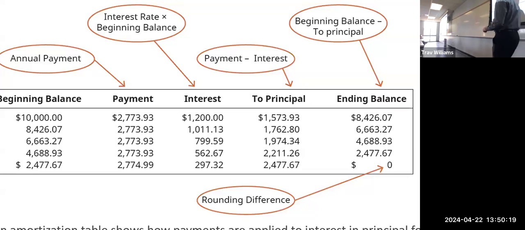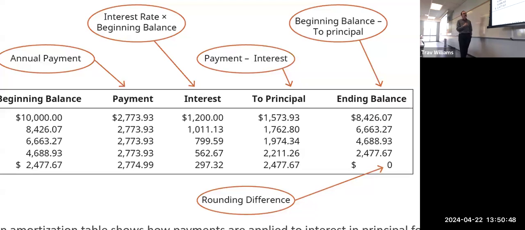So let's say somebody takes out a $10,000 loan that they're going to repay within 5 years. Okay. And it's at a particular interest rate. Well, 12%, that's pretty high. I don't recommend taking out a 12% loan, but hey, sometimes it happens.